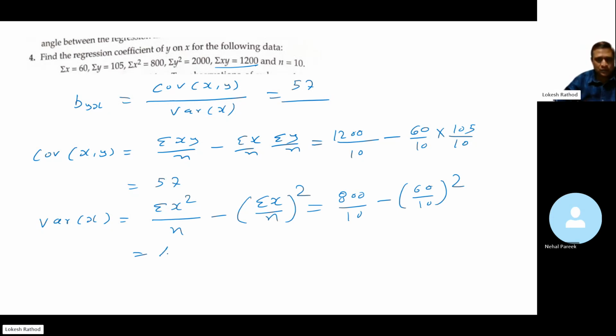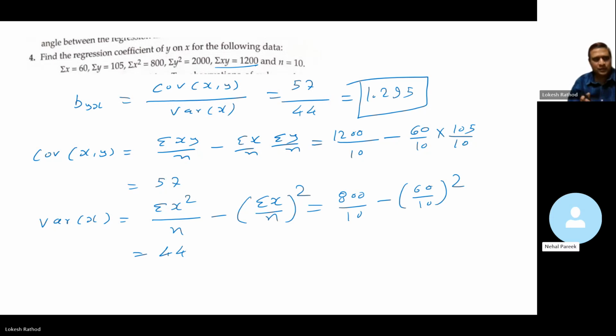So this is 44, and 57 over 44 is 1.295. Correct.